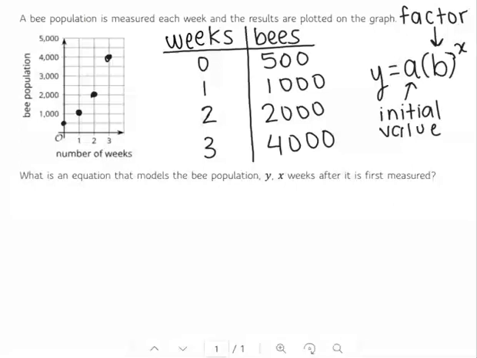In week 2, there were 2,000 bees, which is double, or 2 times 1,000 the week before. Week 3, same thing, there were 4,000 bees, which is double the previous week. 2,000 times 2 is 4,000. This tells us that our factor is multiply by 2.